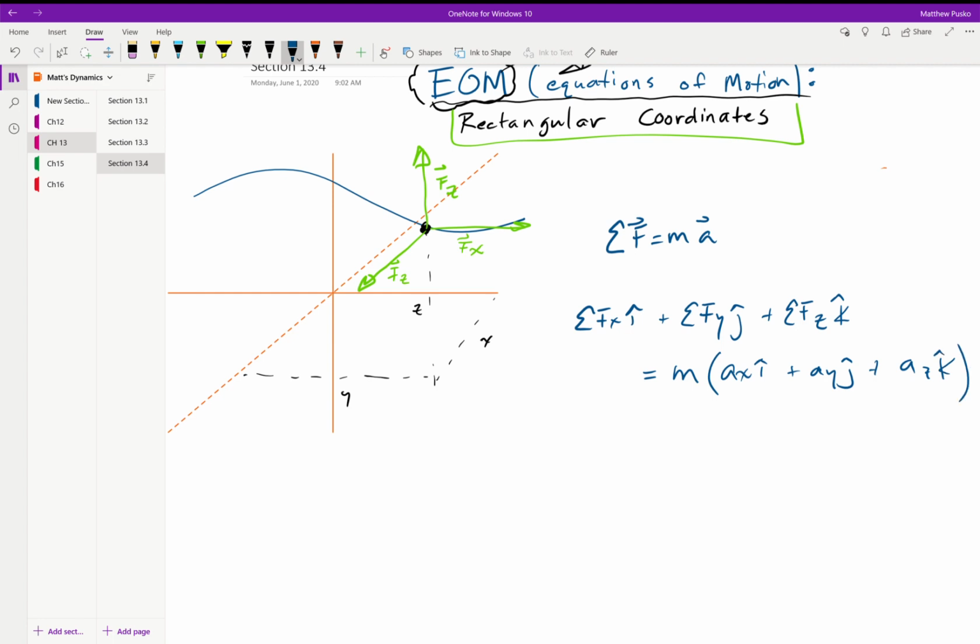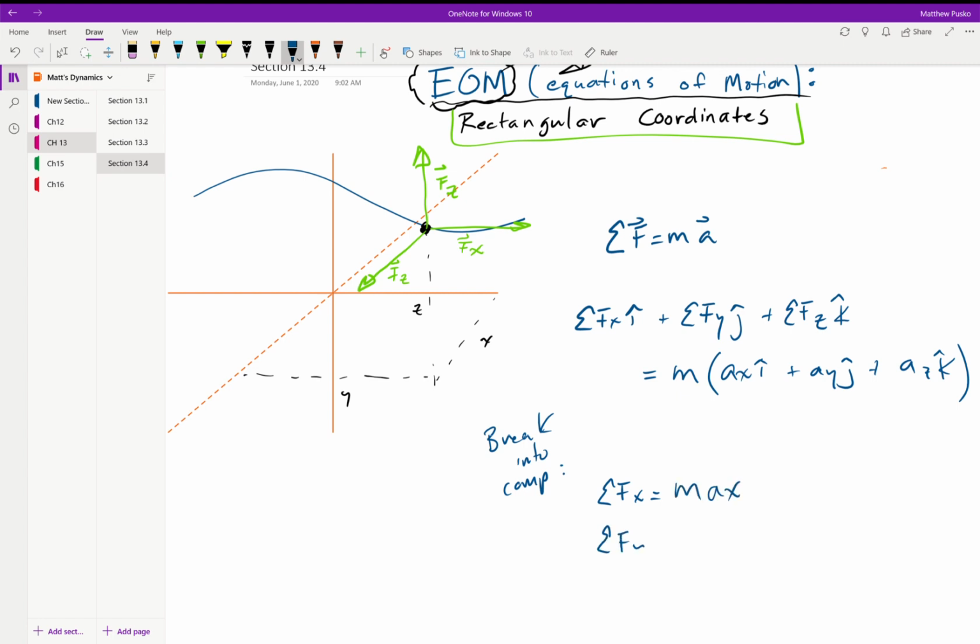In most of our cases, we're probably not going to be using the z direction, but let's derive everything like we need to. That's really the majority of this chapter. All I do is go ahead and say that you can break these all into components now, where the summation of the forces in the x direction is equal to the mass times the acceleration in the x.